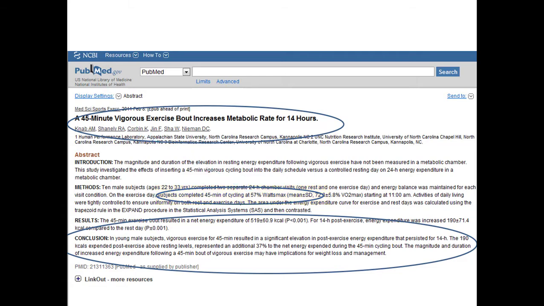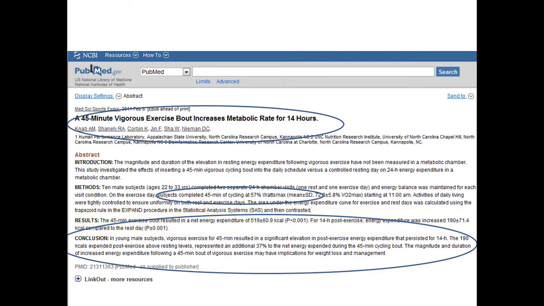The result is that the 45-minute exercise bout resulted in a net energy expenditure of around 520 kilocalories. This is just during exercise. However, for 14 hours after exercise, energy expenditure was increased around 190 kilocalories compared with the rest day, right?